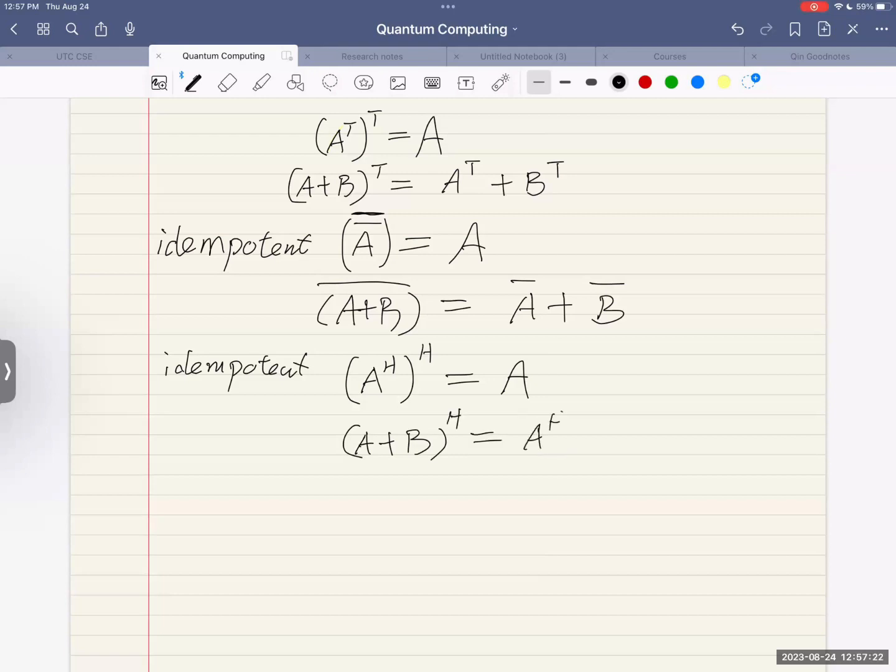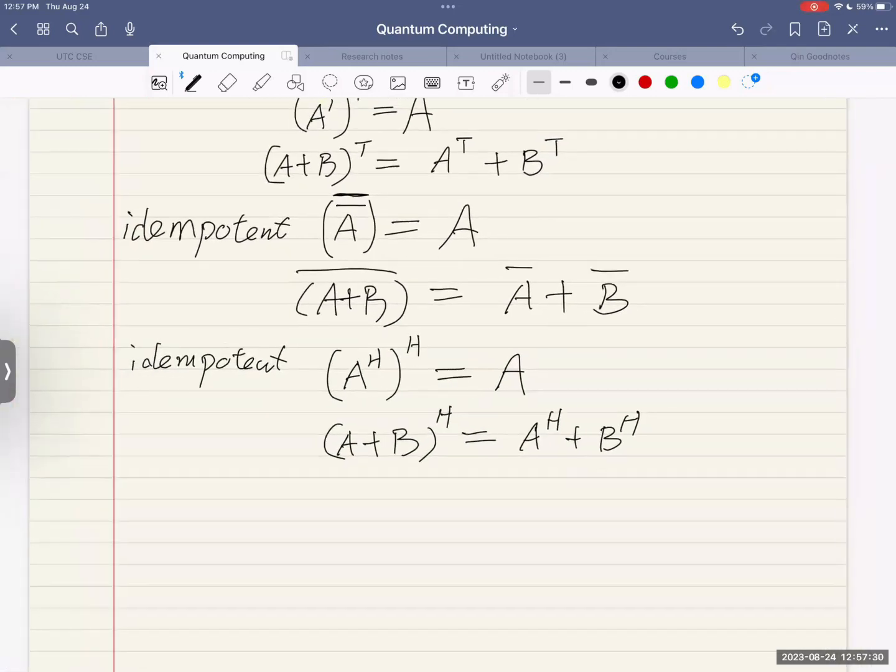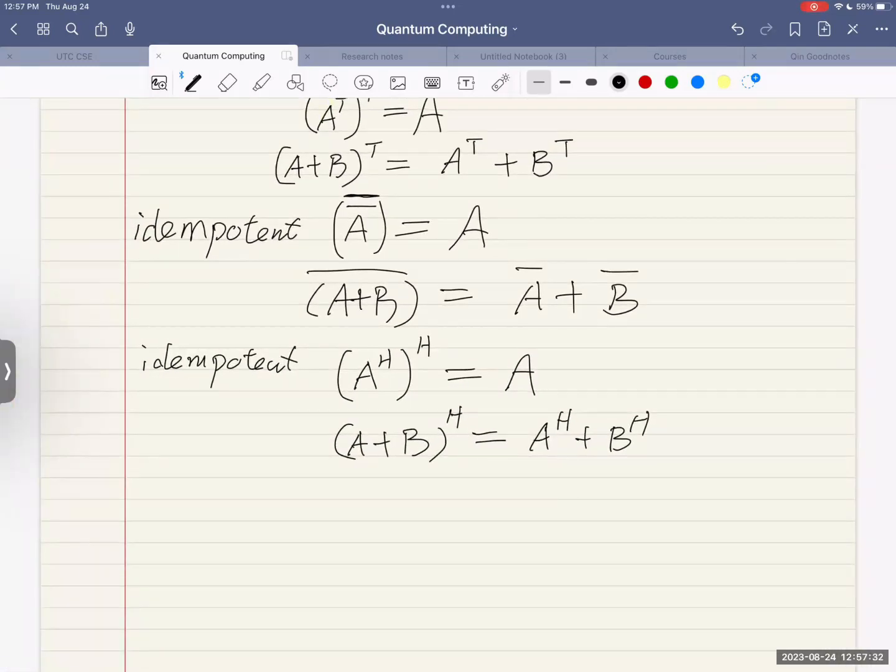AH plus BH. Okay. And if you put in a constant scalar, many of the properties also remain.